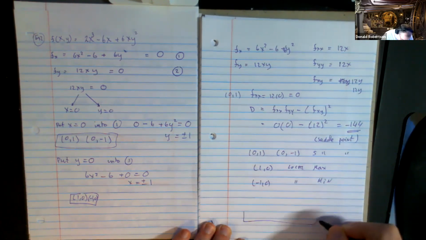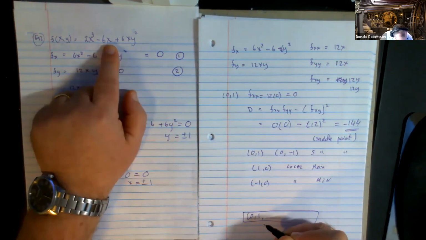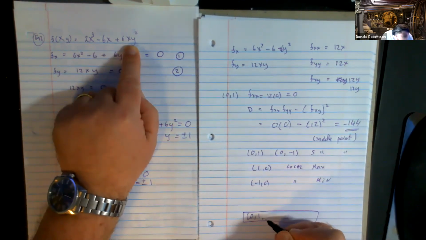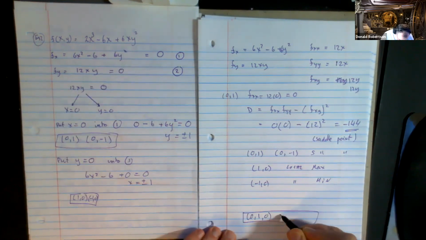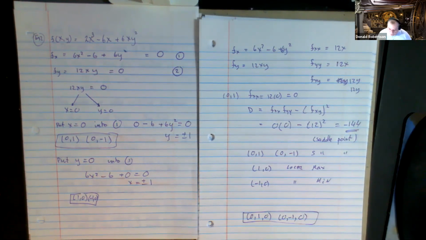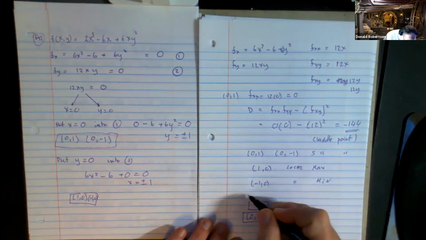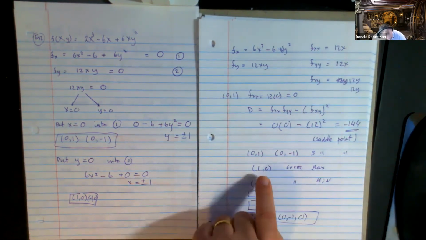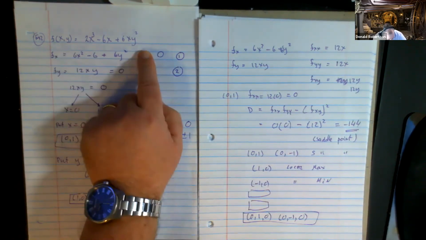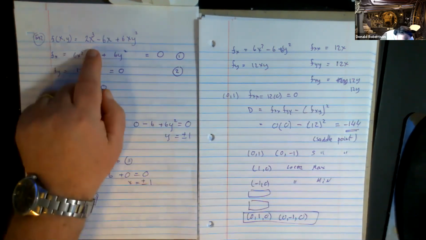So you would write in (0, 1, 0) and (0, -1, 0). You would write the coordinates. And for the local max and the local min, well, you'd plug in (1, 0), and you get whatever your answer is. And then you plug in (-1, 0), and you get what your answer is.